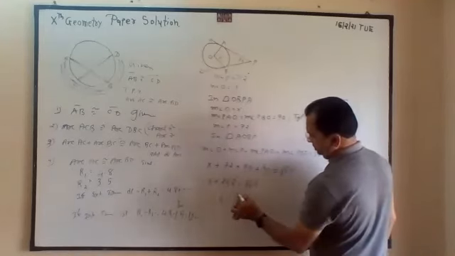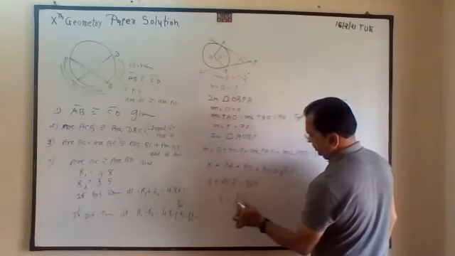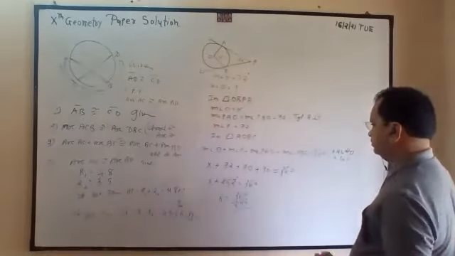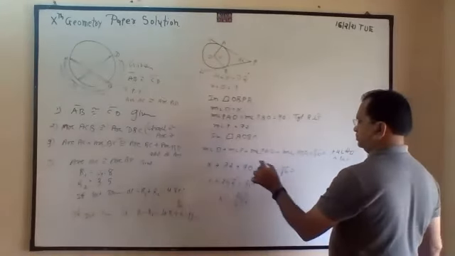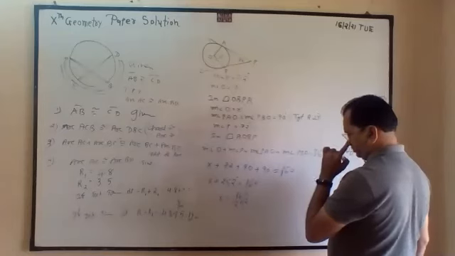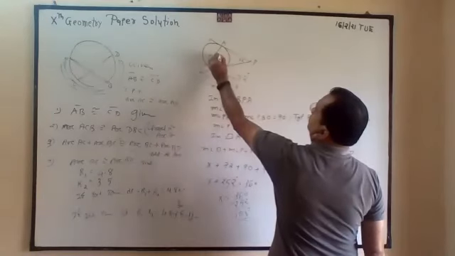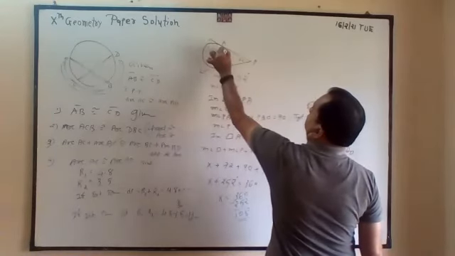So X is equal to 360 degrees minus 252 degrees. So this is 108. This is 90.